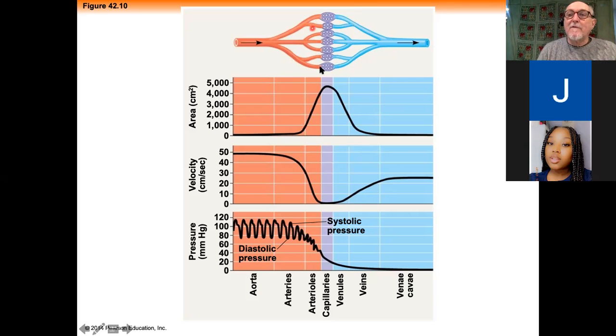And it's the most important anatomical feature just about of the entire circulatory system, because this is where the blood circulatory system communicates with tissues of the body. This is where all of the exchange takes place, the exchange of nutrients, the exchange of oxygen, and the exchange of carbon dioxide.